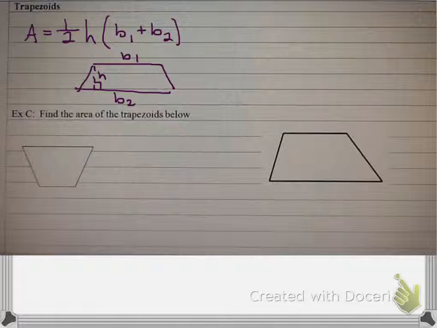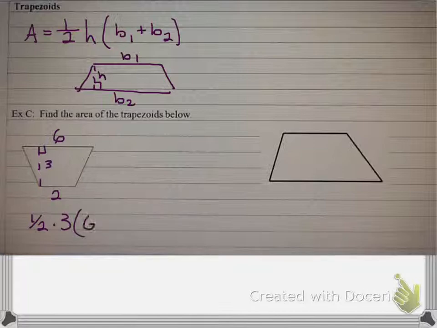So for our examples, if this is 6 and this is 2, and our height inside is 3, we would do 1/2 times 3 times 6 plus 2, and we have to follow order of operations, so that means we need to do our 6 plus 2 first and get 8, times our 3 times our 1/2.